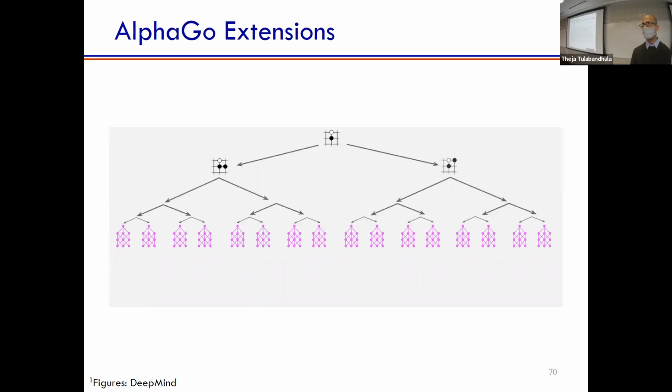One is to truncate the search tree after, let's say, 10 levels or 20 levels. You don't simulate all the way to the future. You just use a trained value network to say what is the value of being in that state. So you take the board state as an input, pass it to the value network, and it gives you a value of how valuable that state is.